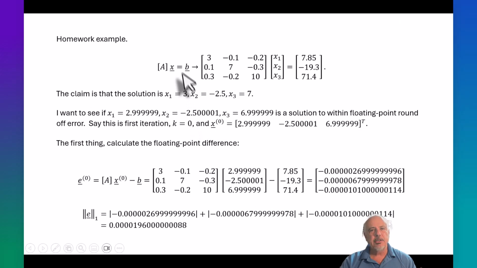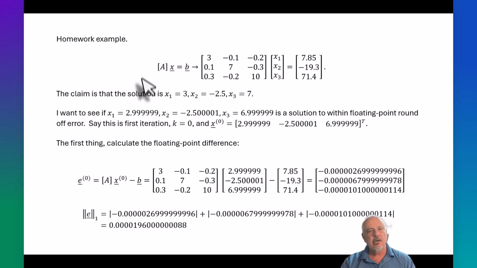Okay, so here's our example of Gauss-Seidel. It's actually from the homework. It's a diagonally dominant matrix, and we're looking for the solution x1, x2, x3 that gives us this right-hand solution vector. So x1 is 3, x2 is minus 2.5, and x3 is 7. We know those are the actual correct answers, but what we're going to do is start just a little bit away from that.